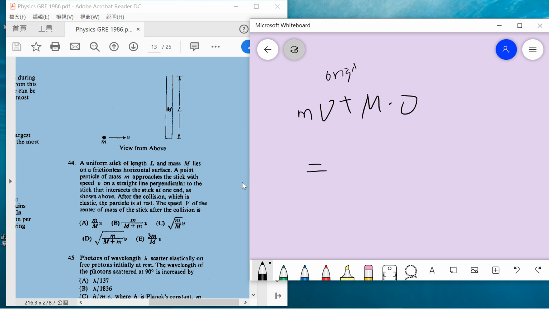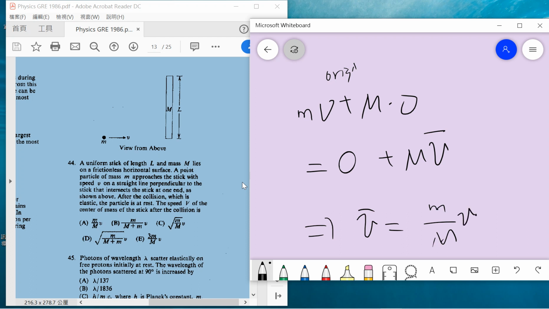The particle is at rest afterward, so it contributes 0 times its final velocity. So the final velocity of the stick is small m over large M times v. So the answer is A. Elastic is the important property, and they said that the particle is at rest afterward. This information gives you the answer.